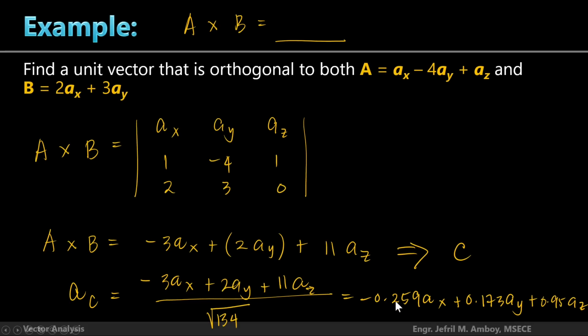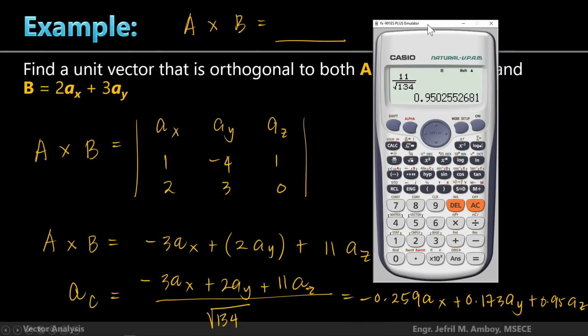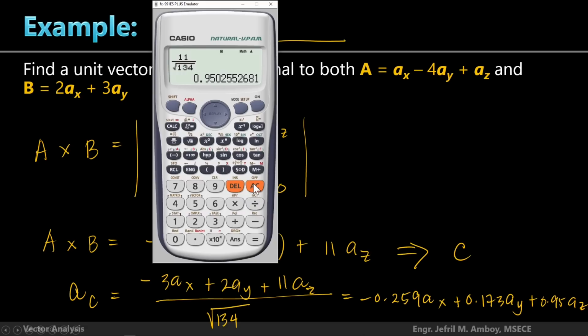So to check, if we get the absolute value of this vector, it should be unity, or it should be 1. If not exactly 1 because of some rounding off, then it should be very close to 1. Okay? Square root of negative 0.259 squared plus 0.173 squared plus 0.95 squared.